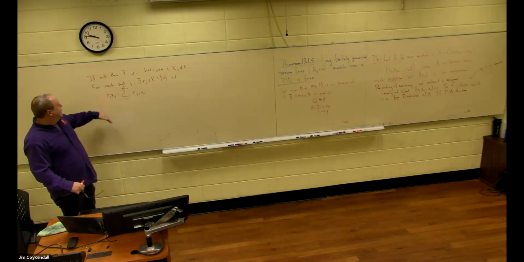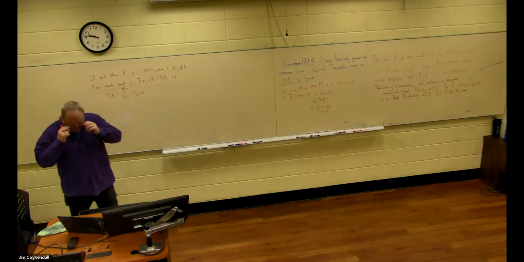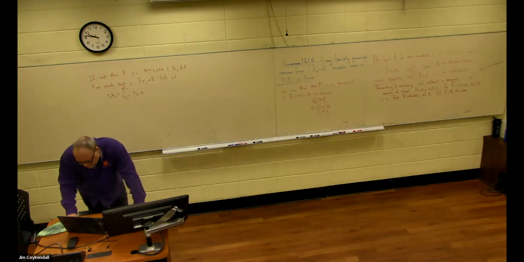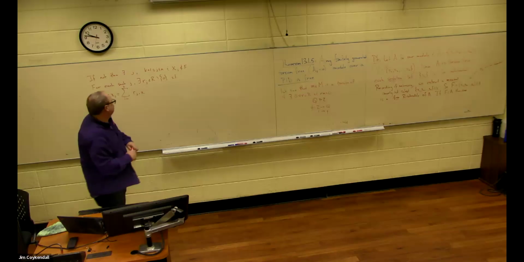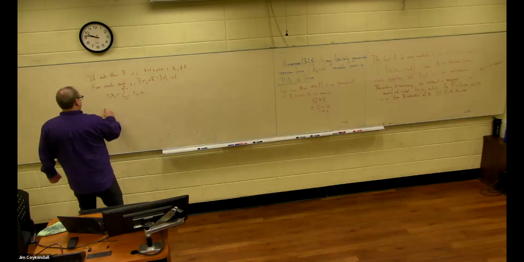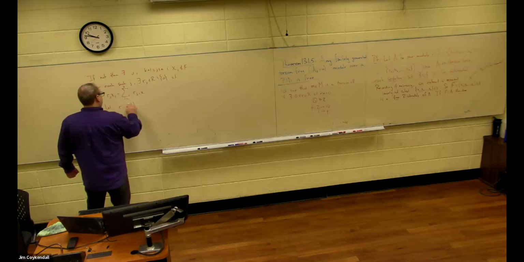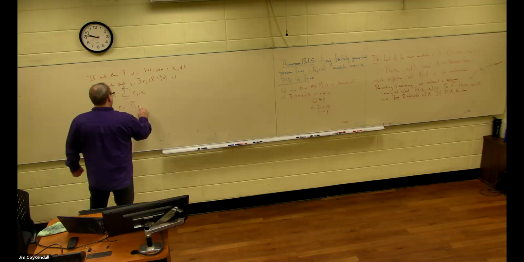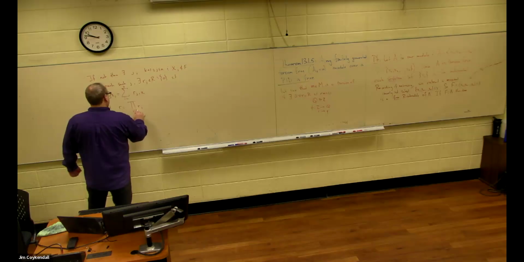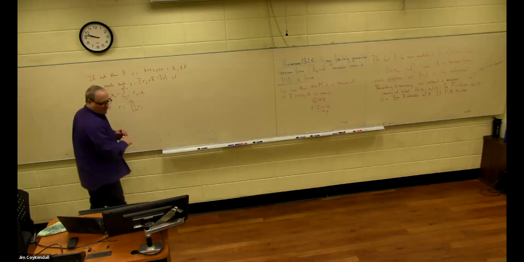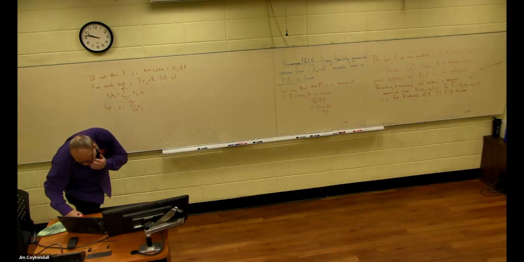So for each such j, where xj is not a linear combination of this, we can do this. So let r be the product of all these.